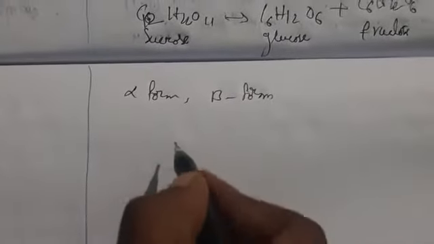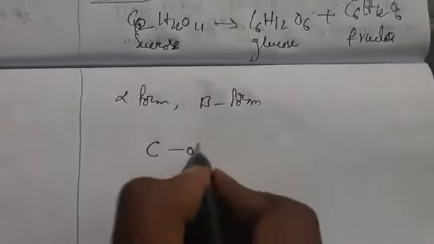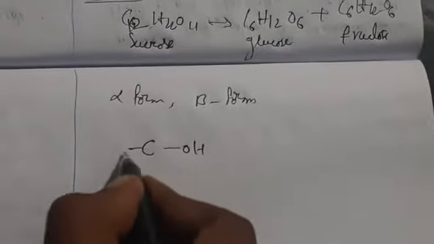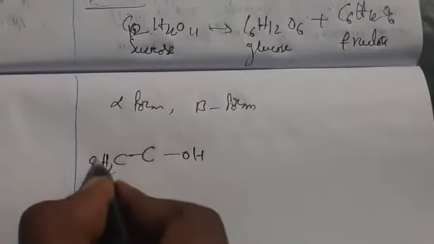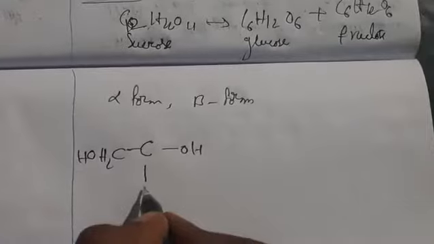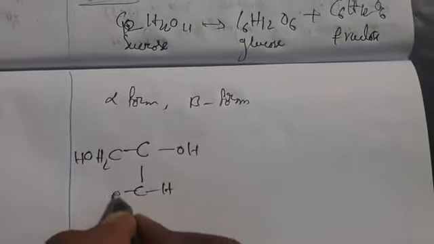So it exhibits an alpha form and a beta form. The alpha form is CH2OH, C, CHOH, CHOH, CH, CH2OH.